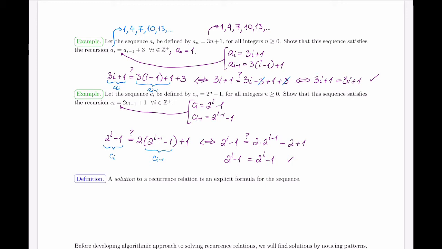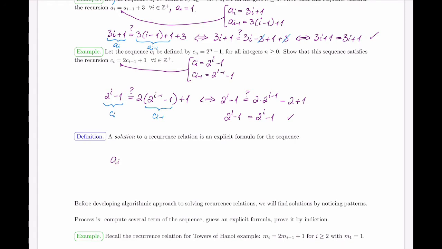Now, what we're going to refer to often is a solution to a recurrence relation. So these explicit formulas are going to be called solutions. Okay? An explicit formula for the sequence, an explicit formula that allows you to calculate any term you want directly. So referring, for example, to this exercise right here, I have this as a sequence. My recursive definition of the sequence was a_i is equal to a_{i-1} plus 3, and my initial condition a_0 is 1.